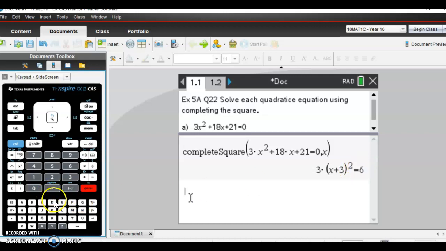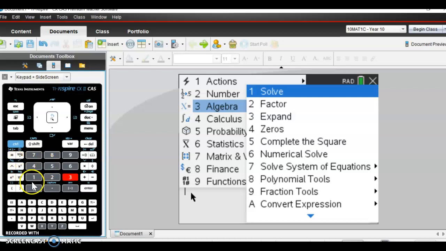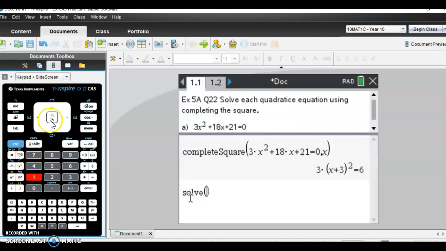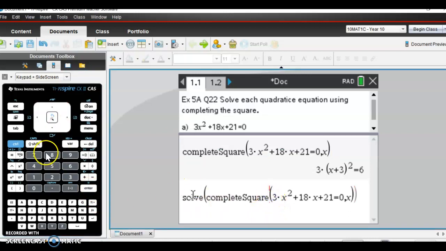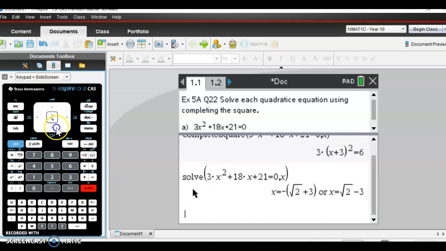That's simply going menu 3, option 1 to solve. We can then cursor up to highlight the expression only. I'll see if I can just delete the square bit, and press enter.